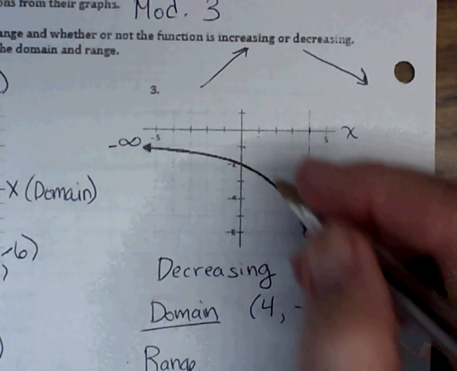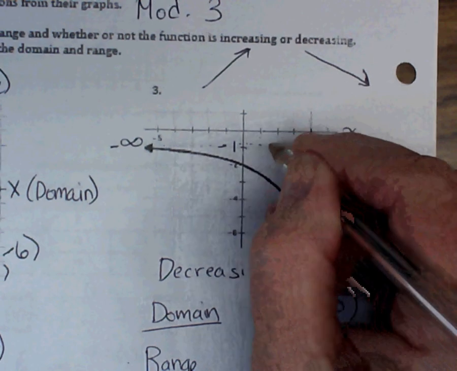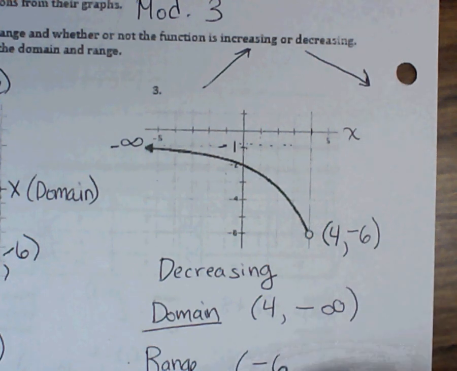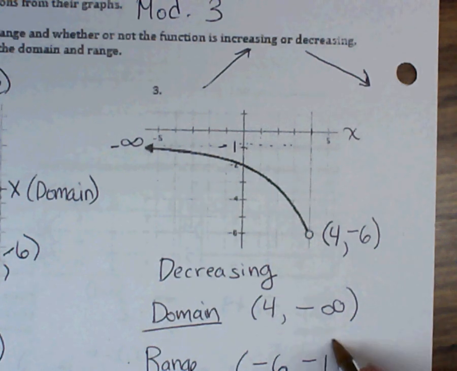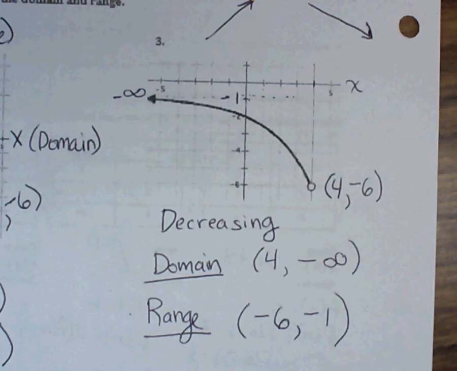So right here. So if I'm thinking about the range, I'm going to start in the same place. I'm going to say -6 definitely, and then it only goes up to -1, but never actually touches -1. So that would be the range for that one. Okay, I'm going to go look that up and see about the order.